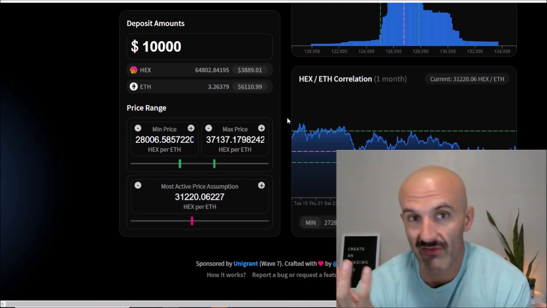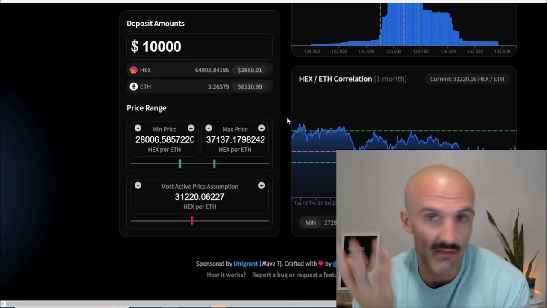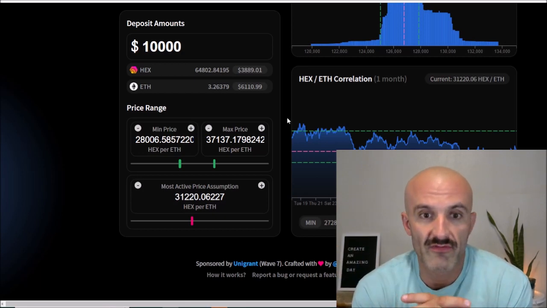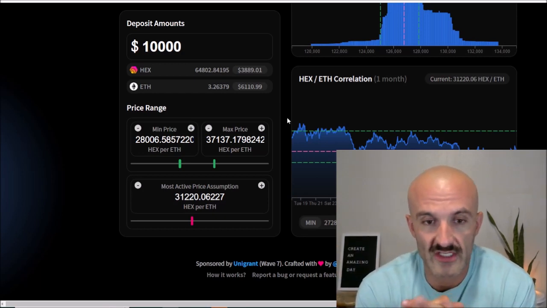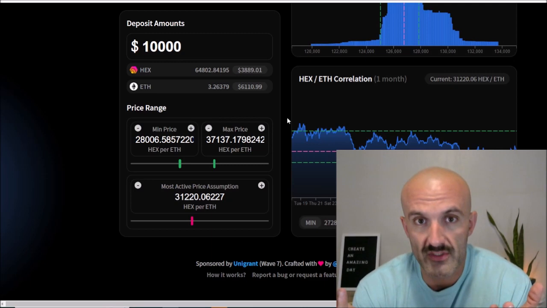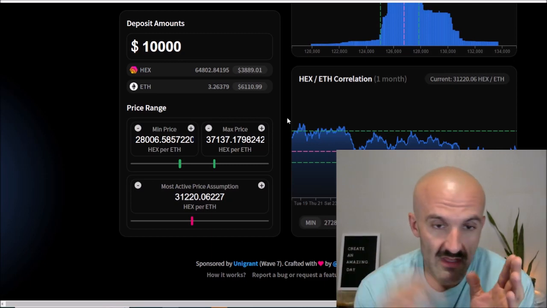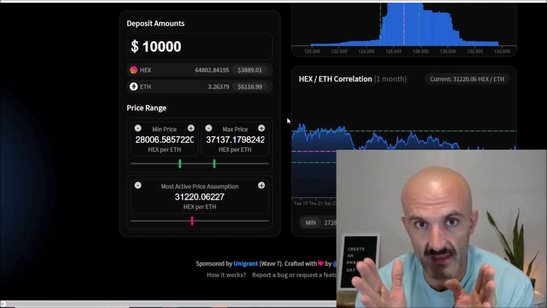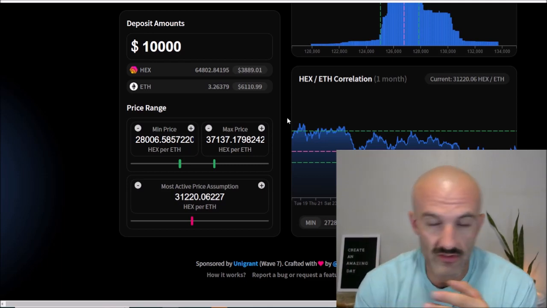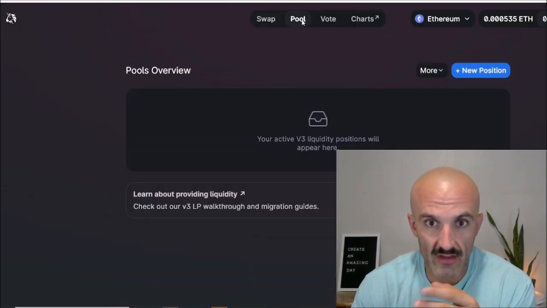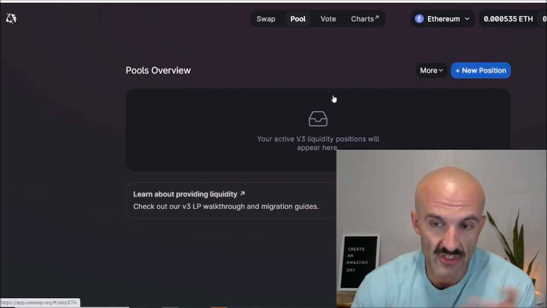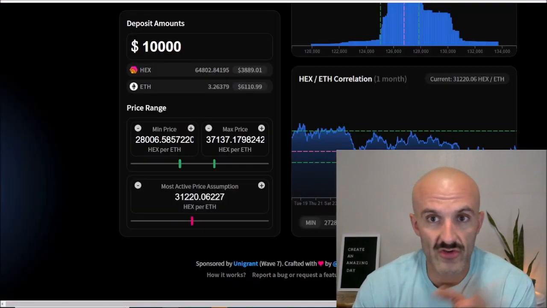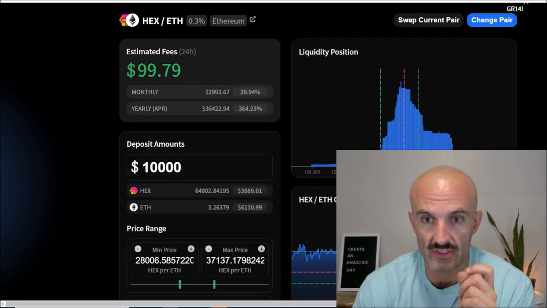Maybe 10 bucks, maybe 15, depending on what's going on in the market, maybe 40. It really varies depending on how congested the network is. And you open your position up again. So you have all ETH, you swap some into hex, you have all hex, you swap some into ETH, now you have hex and ETH, and you go back through again, you click new position, and you set your position up again. That's all you do when the price goes outside of this range.